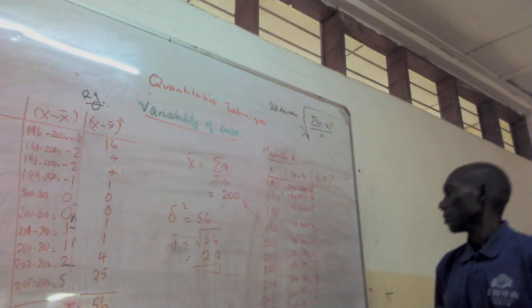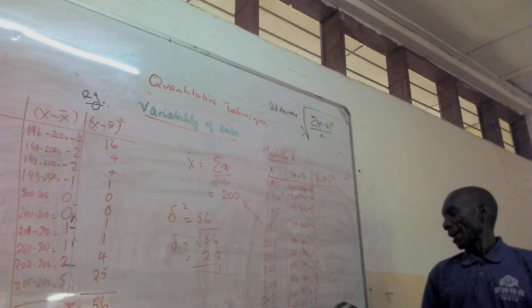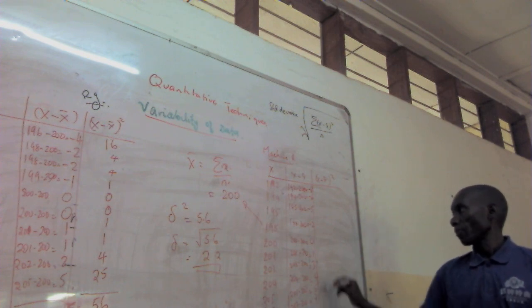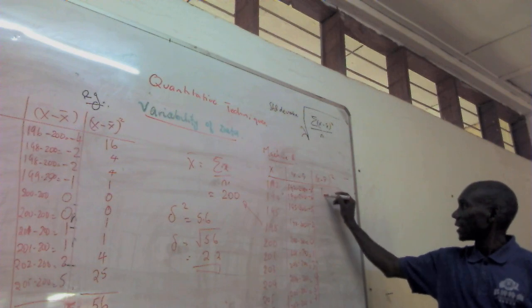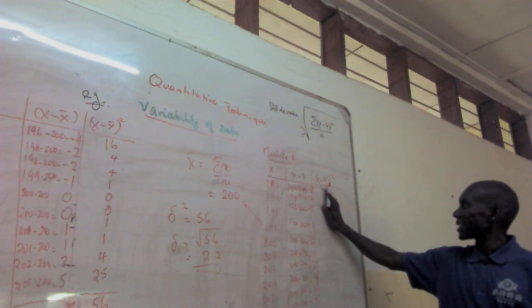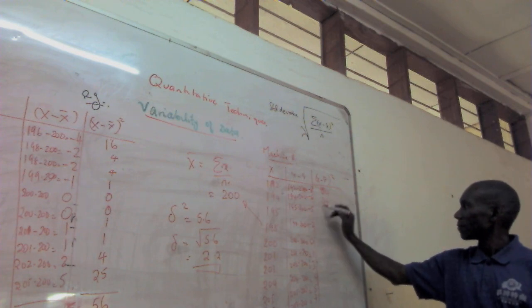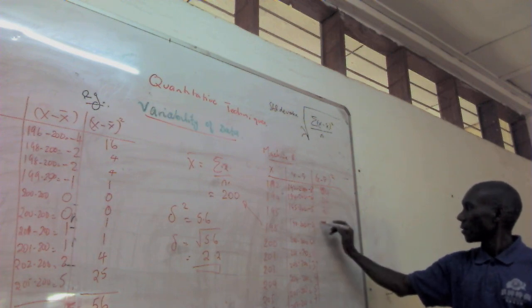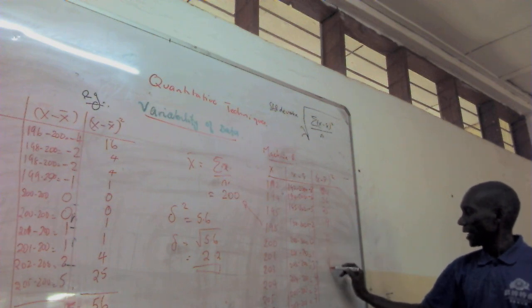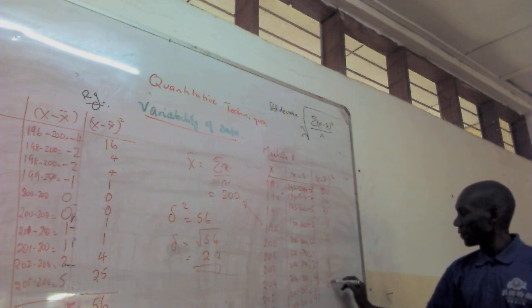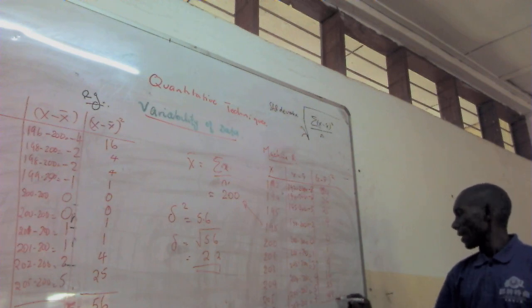Now, add the numbers here. You square them. 8, 8, 64, 36, 25, 4, 0, 1, 9, 16, 25, 7, 7, 49. Add these numbers.